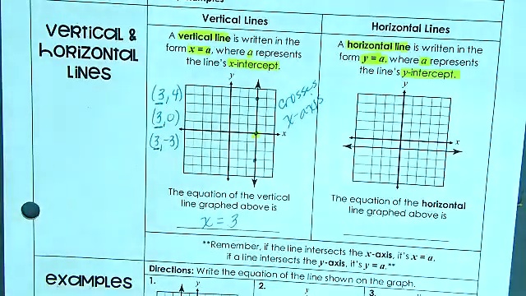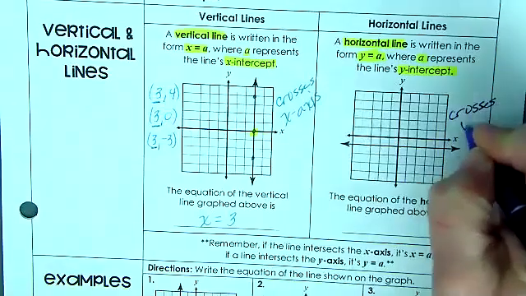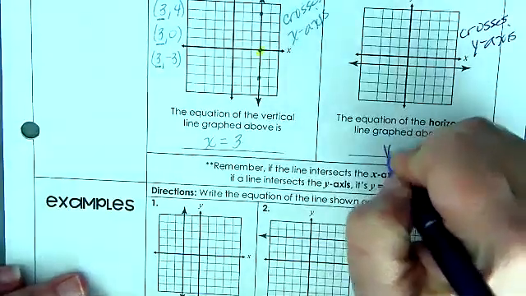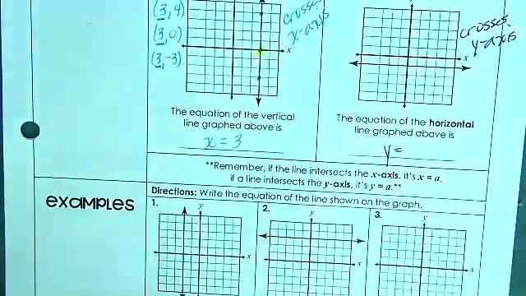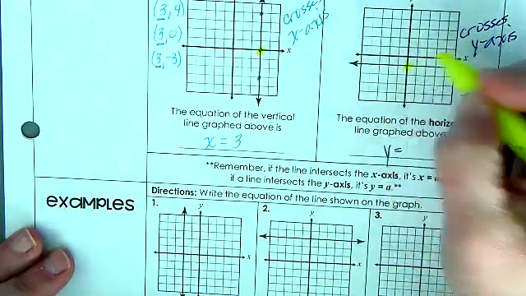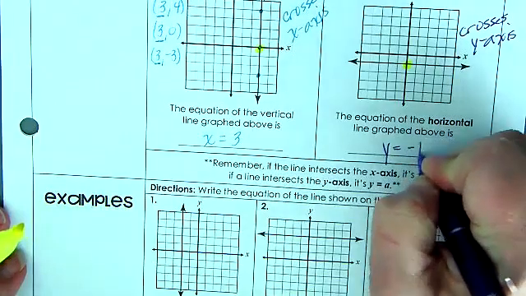It crosses the y-axis, which means it's in the form of y equals some number. And I look to see where it is crossing the y-axis. It is crossing it at -1. So my equation is y equals -1.